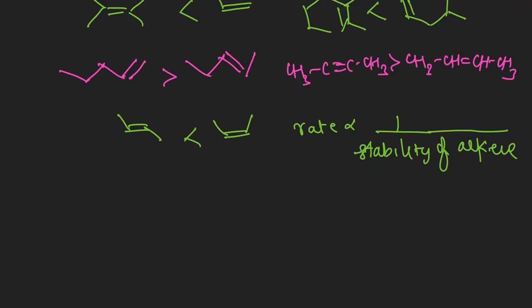If we solve some problems, we have to compare the rate of hydrogenation. Obviously, the question is regarding hydrogenation. So the first has more rate because it is less stable.